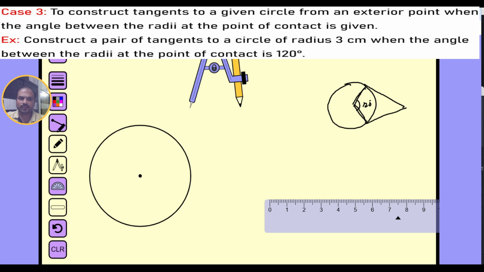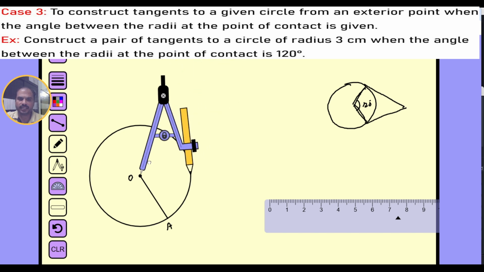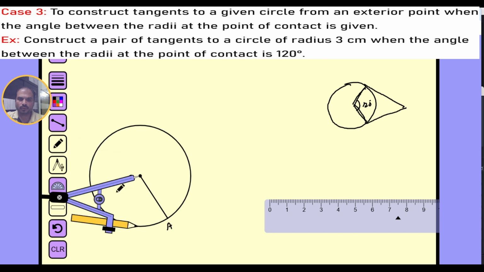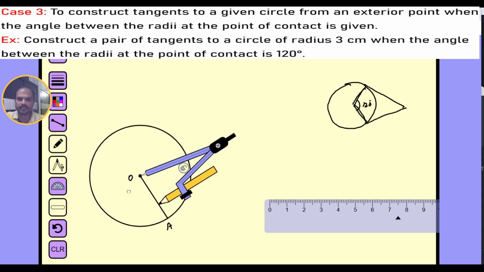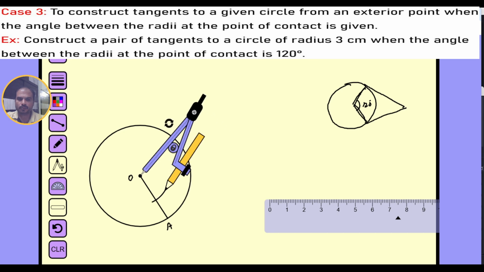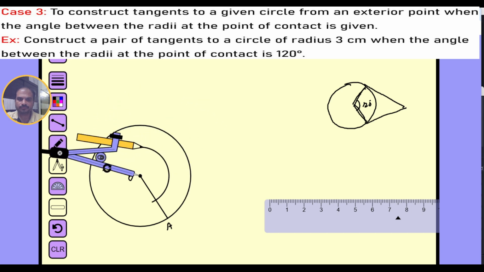Now I'll take a radius over here. This is one radius. I'll call the center O, and A is on one radius. Now I'll construct 120 degrees at O. All of you are aware how to construct 120 degrees, children. Take a suitable length of the compass, then draw one arc like this.